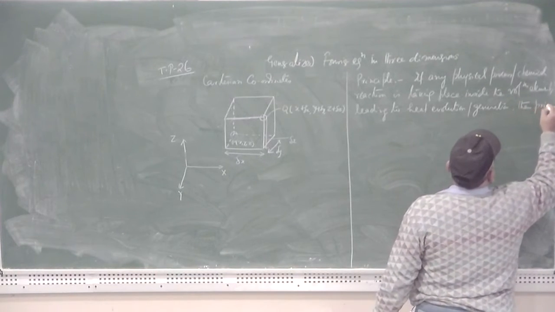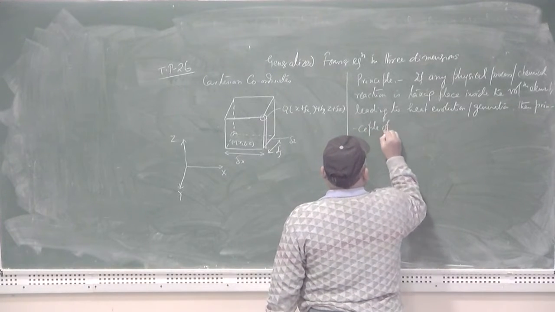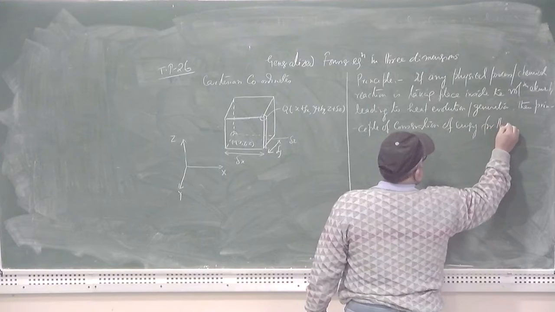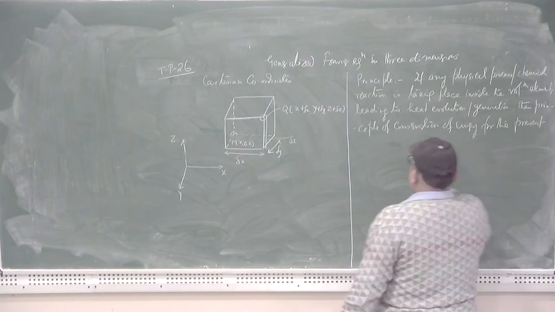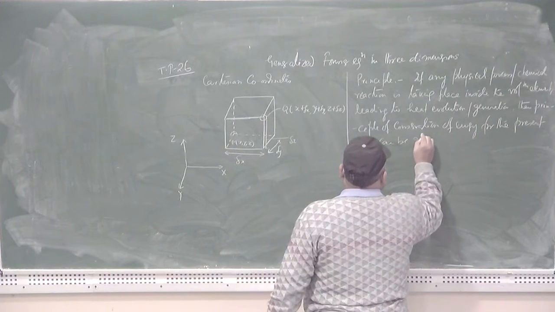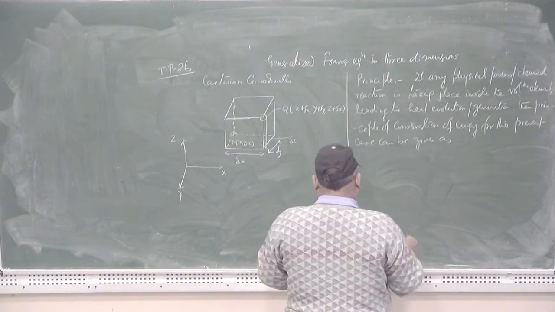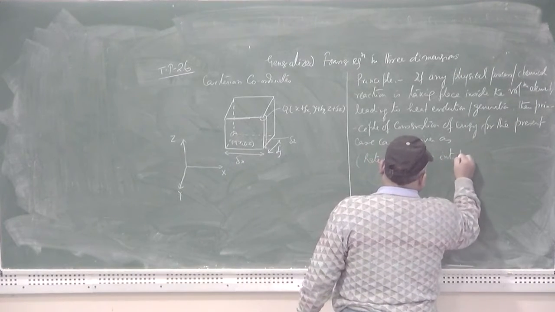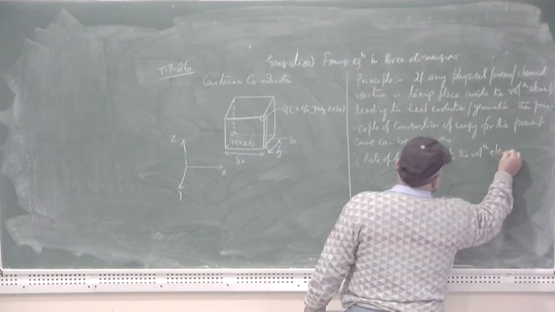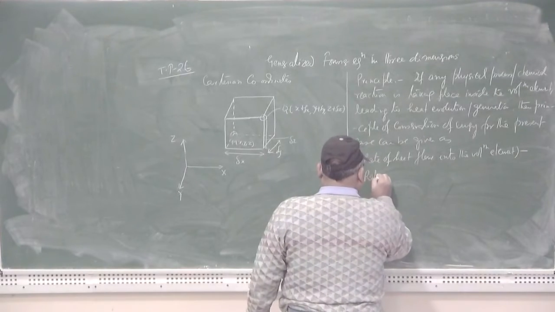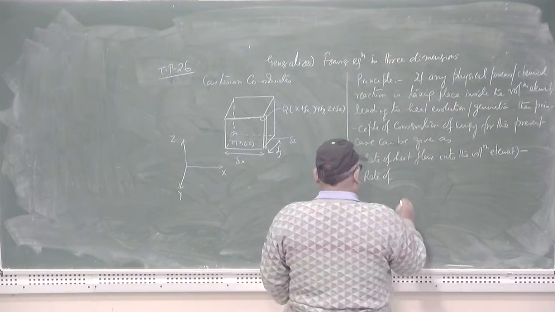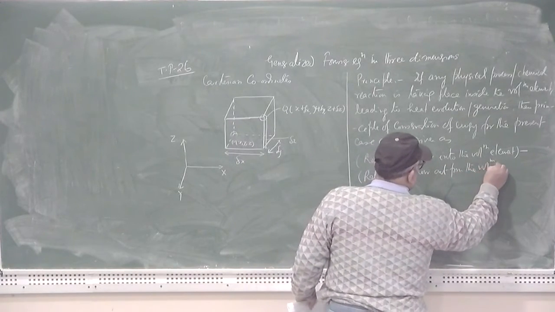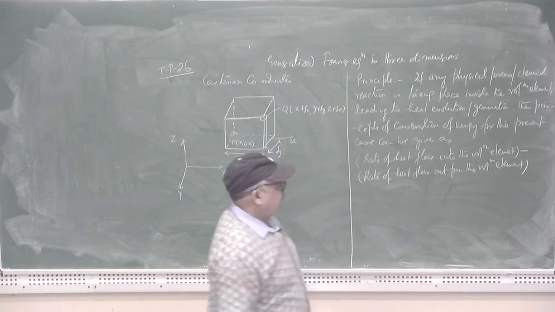Then the principle of conservation of energy for the present case can be given as: rate of heat flow into the volume element minus rate of heat flow out from the volume element, that should be equal to how much?